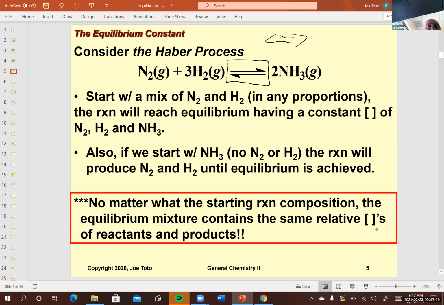And for every 3 hydrogens that react with 1 nitrogen, at that same time, there's 2 ammonias that back react. So the reaction is dynamic. It's still taking place. It's just that it's taking place at the same rate forward as reverse. So I hope that answered your question. Yeah, that's good. Thank you.